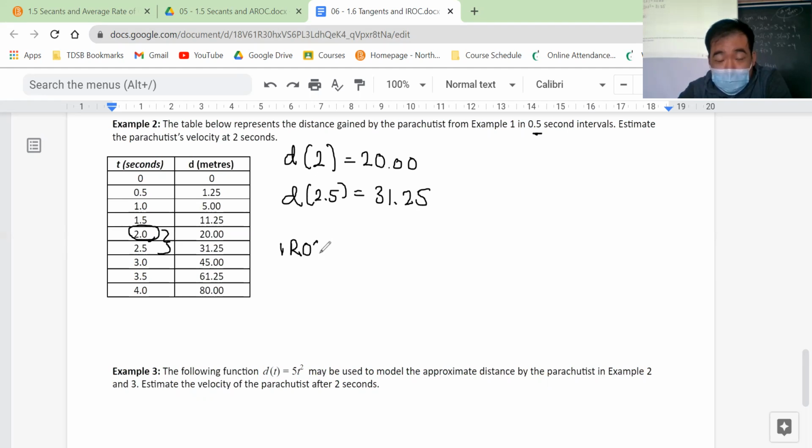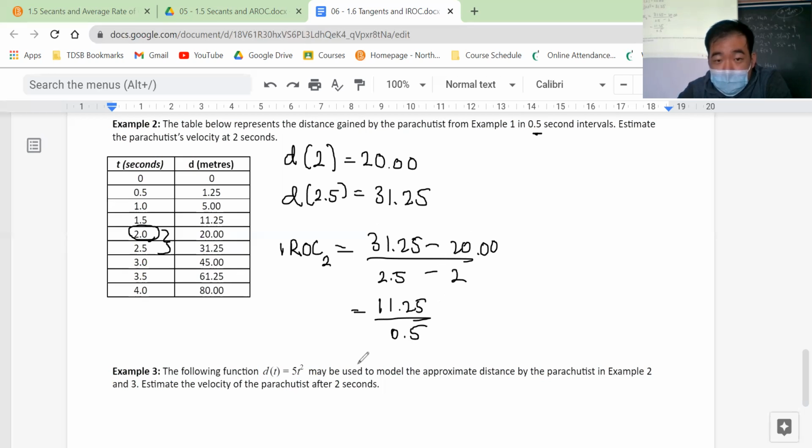So the rate of change based on what we're given is going to be an interval from 2 to 2.5, which is delta d over delta t: 31.25 minus 20.00 over 2.5 minus 2, which is 11.25 over 0.5, and that will be 22.50.